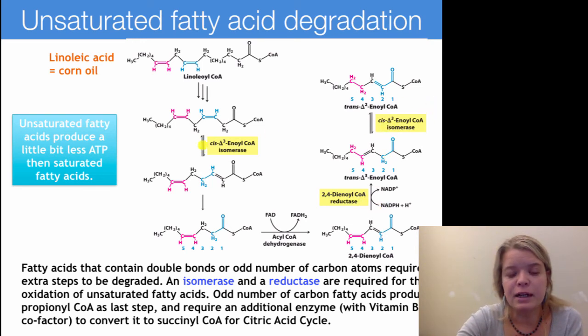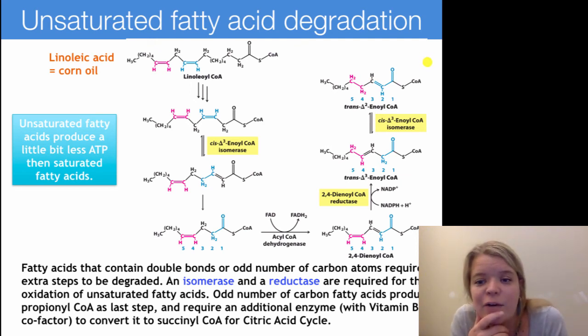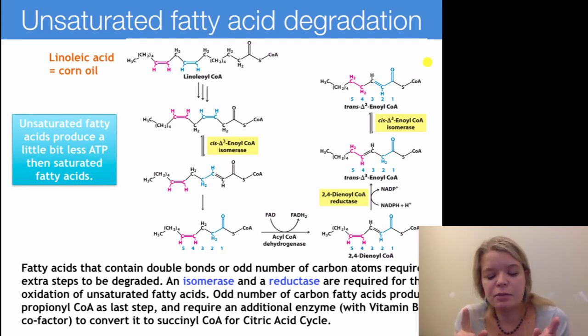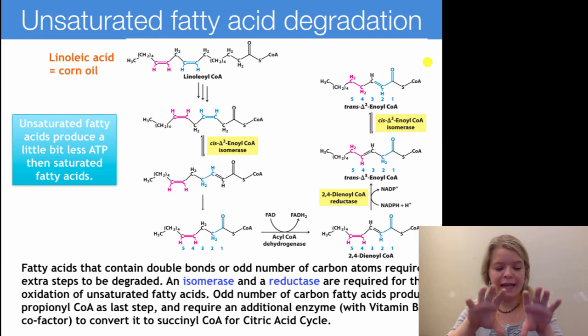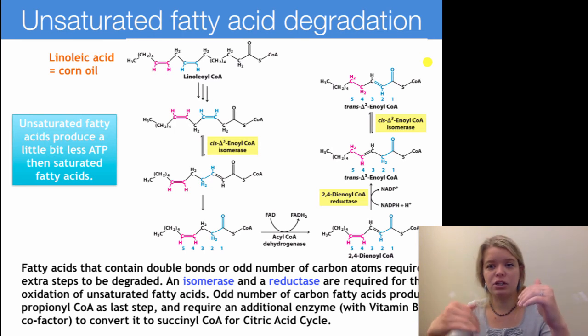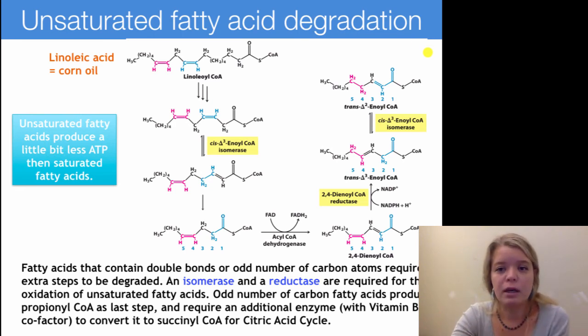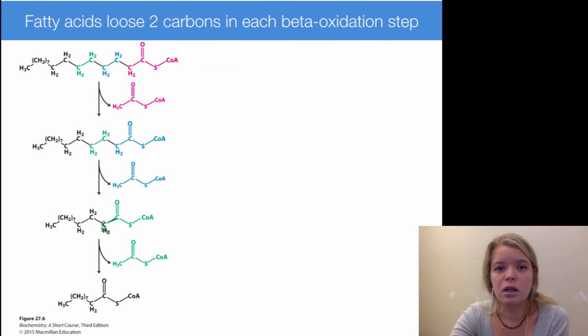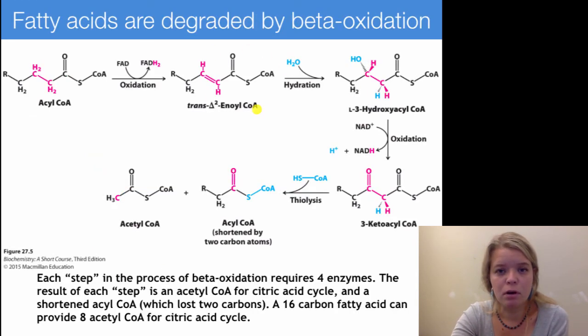Then the isomerase can come in yet again for the second bond, and so forth, combining isomerization and a reduction to convert the unsaturated fatty acid into something beta oxidation can actually handle and break, because this now looks like the trans-enoyl-CoA that is capable of being hydrated and then oxidized during the normal beta oxidation reaction.